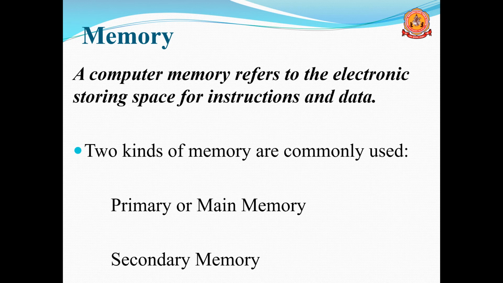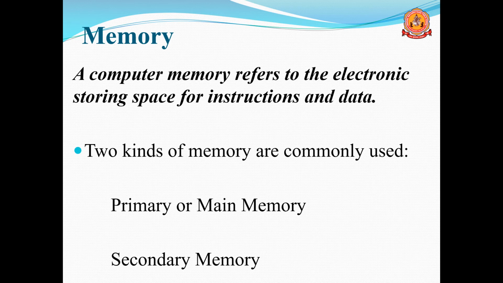That is actually known as memory. And we can store not only the data, it is also possible to store the instructions. Instruction means programs. Programs are also possible to store, and data also can be stored inside the system.